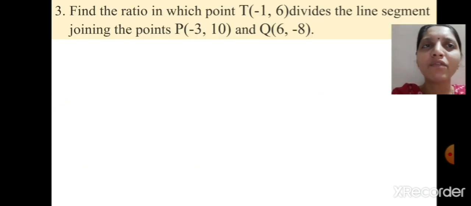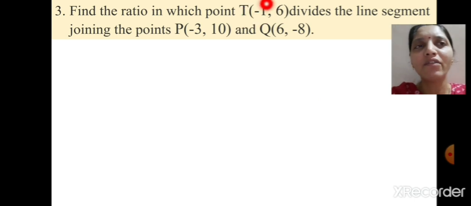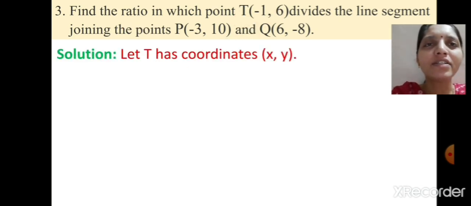Find the ratio in which point T divides the line segment joining points P and Q. Now here the coordinates of point T is given to us, and what you have to find? You have to find the ratio in which this point T divides the line segment. Okay. So let's write down. Let T has coordinates x, y.